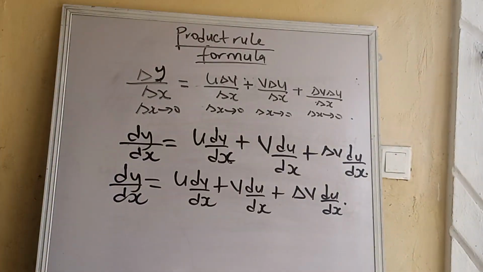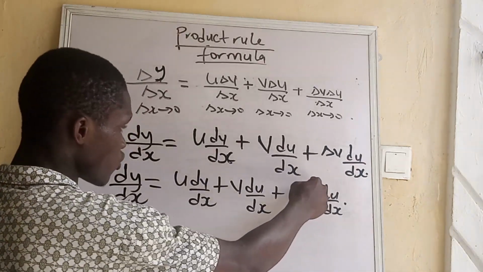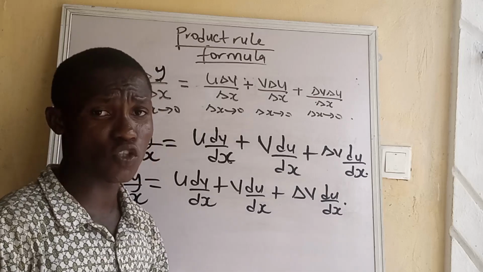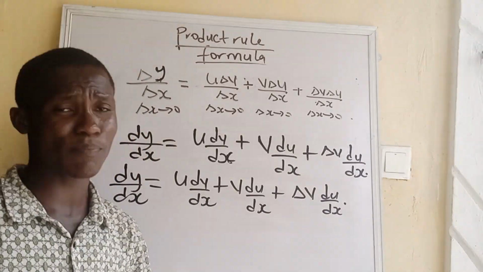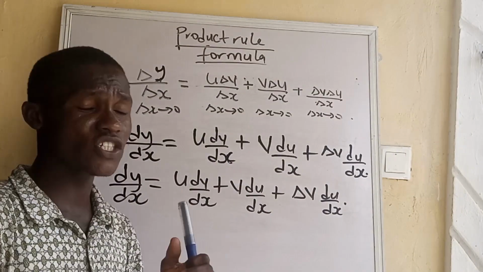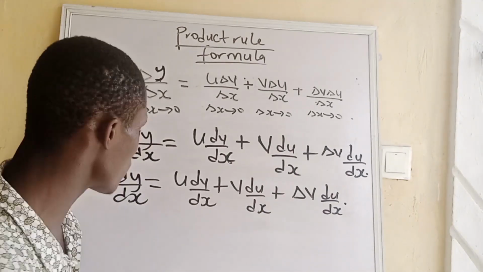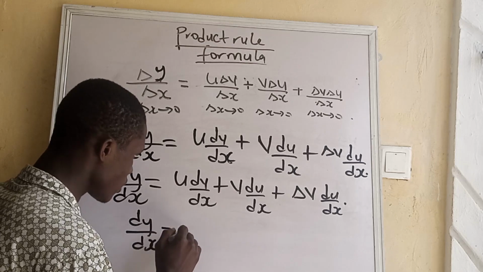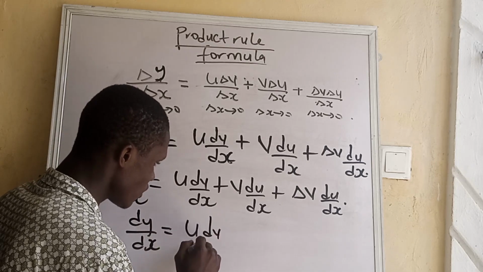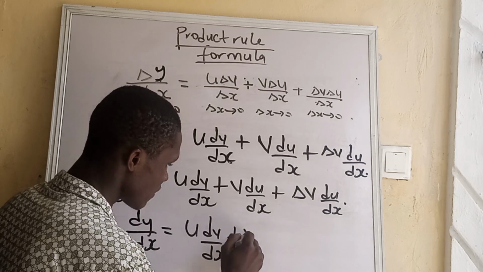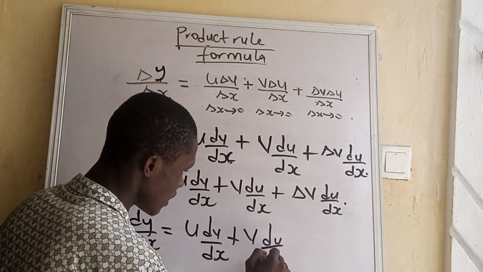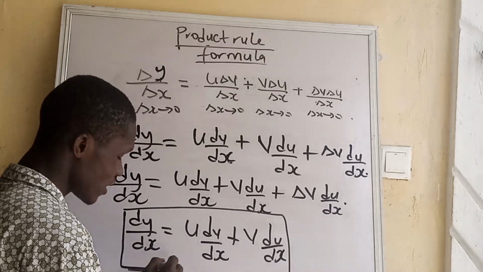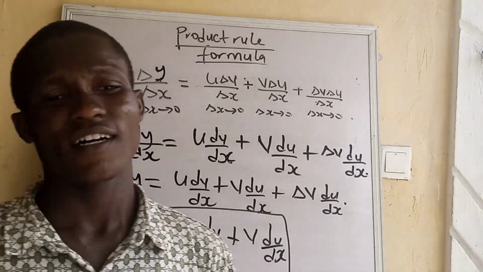So in the place of this, we are putting 0. By the time we put 0 here, we multiply with this number, everything is going to turn to 0, because 100 multiplied with 0 is going to give us 0. So if we are having 0 multiplied with du over dx, it's going to give us 0. So we are having dy over dx equals u dv over dx plus v du over dx. So this is the final formula for the product rule.